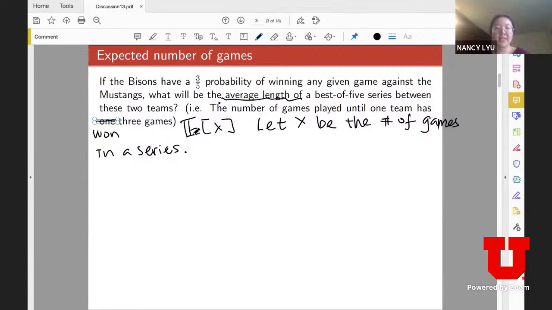So X can choose from the set of 3, 4, and 5, which are the possible lengths. And let's first think about when X is equal to 3. What is the probability that the best of 5 series ends up with only 3 games?